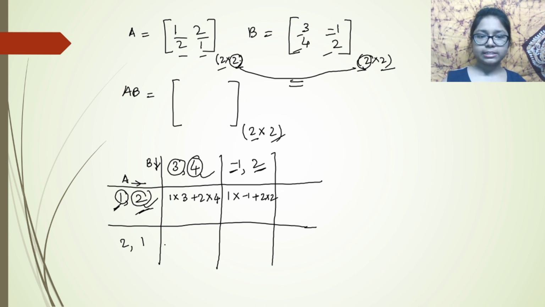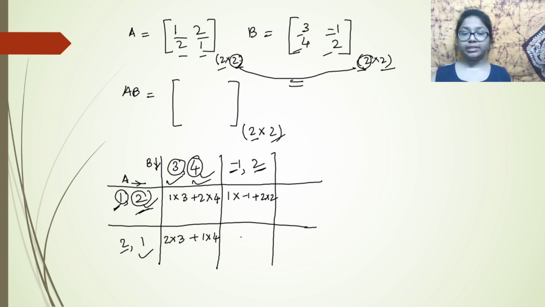Moving to the next box, you have to multiply 2 with 3 and 1 with 4, so 2 into 3 plus 1 into 4. And for this box, multiply 2 with minus 1 and 1 with 2, so 2 into minus 1 plus 1 into 2.